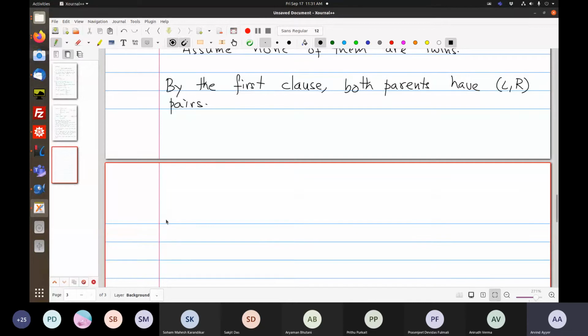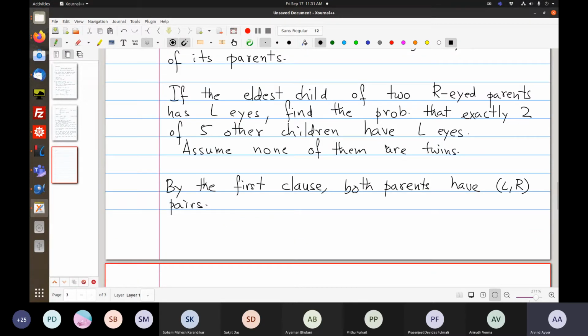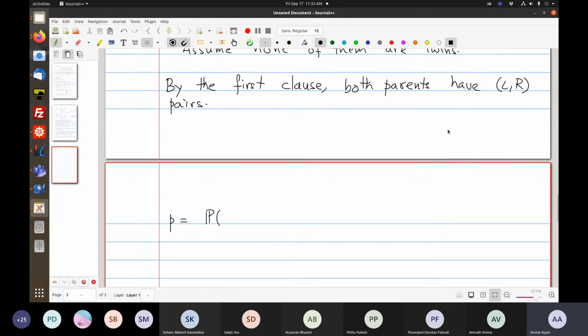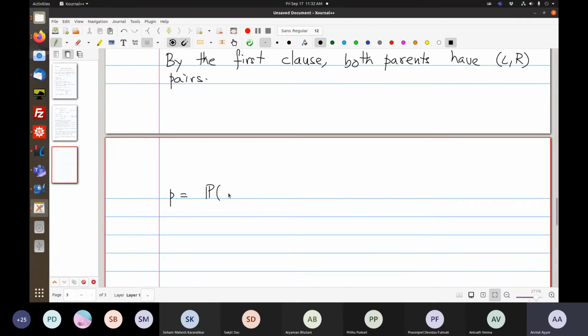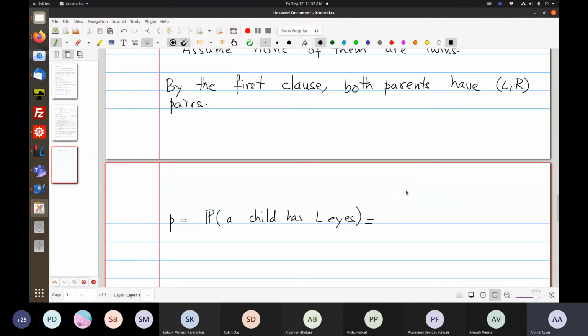The p that we should look at is the probability of having L eyes, that is blue eyes. So what's the probability that a child has blue eyes? Blue meaning L eyes. What is this? 1 by 4. Right.